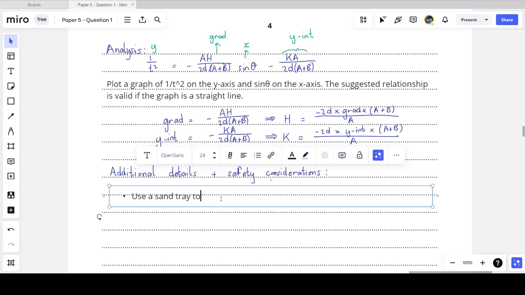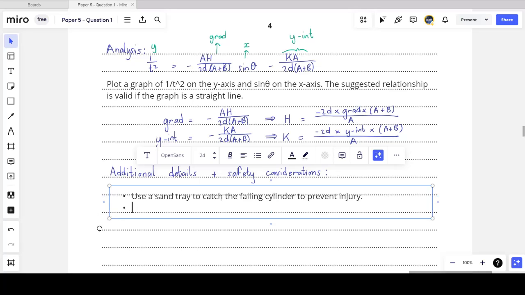Use a sand tray to capture the falling cylinder when the cylinder is falling, and to prevent injury or to prevent damaging the table. So that's one of the most relevant safety precautions.